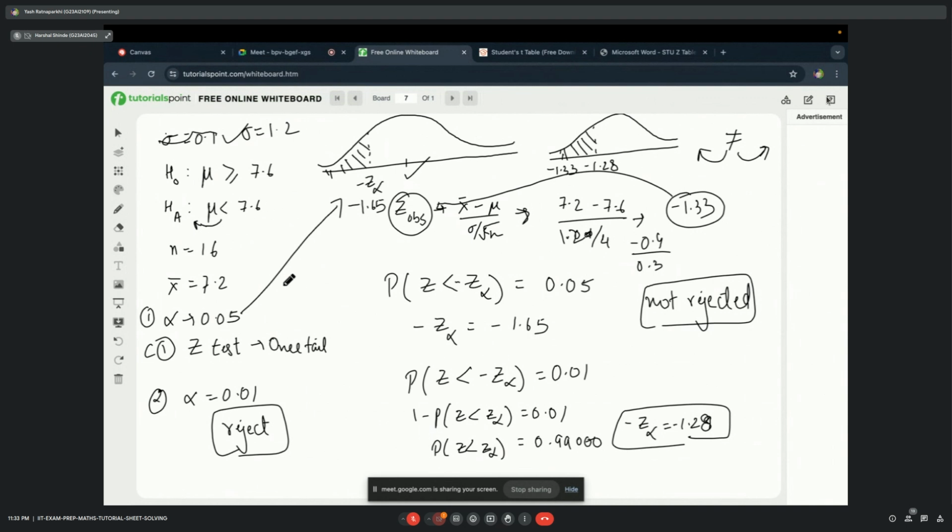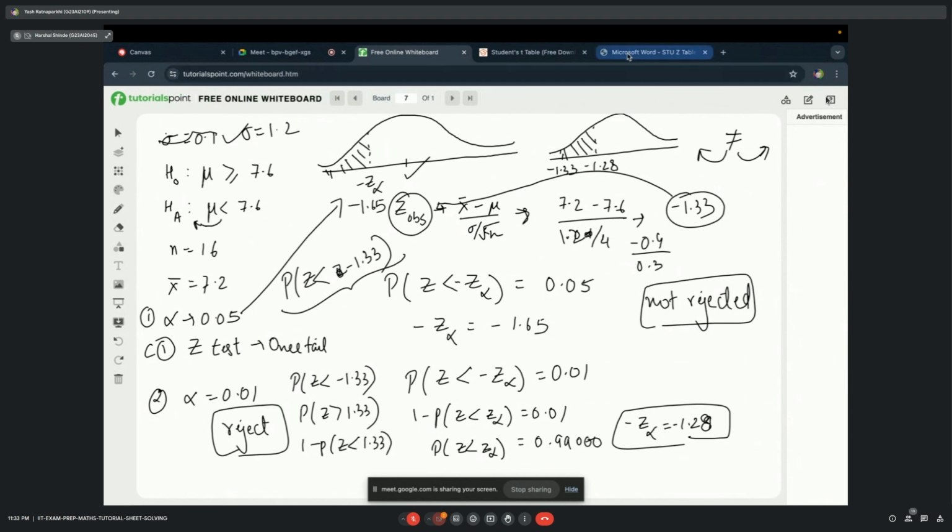So if you are asked the p-value, tell me directly in one go. What is the p-value? For part 1, it should be z less than minus 1.33. That means probability of z greater than positive 1.33, which is 1 minus probability of z less than 1.33.